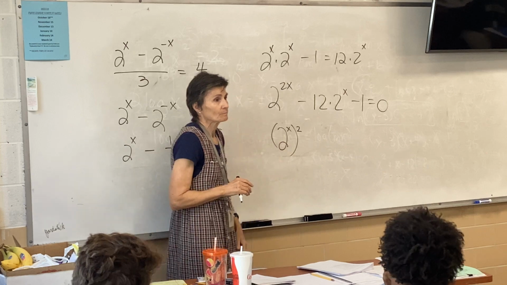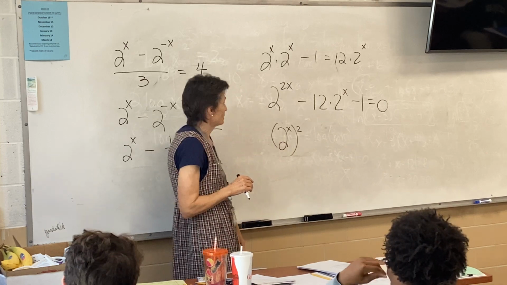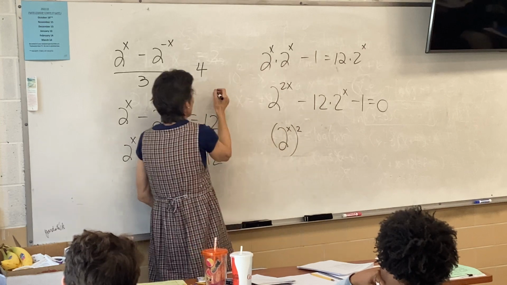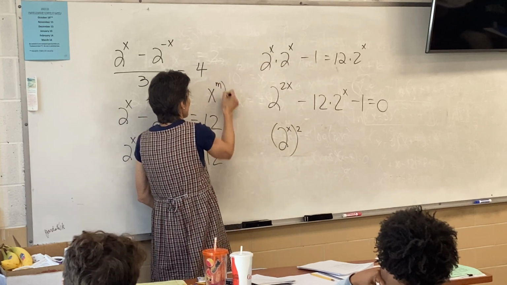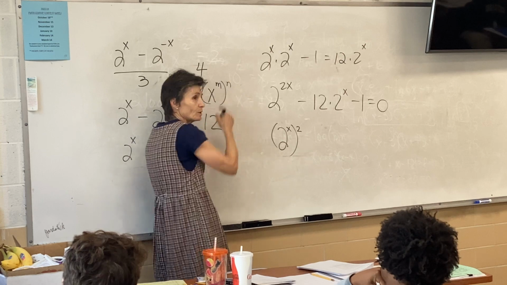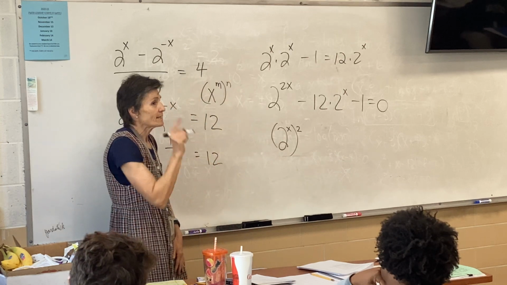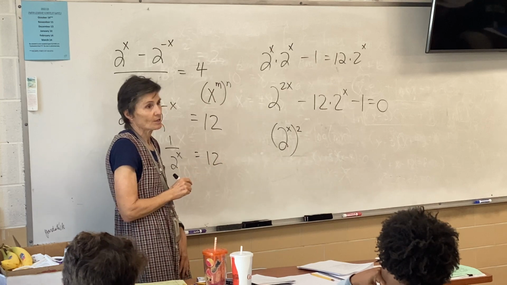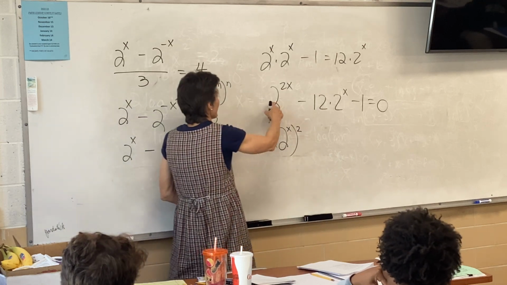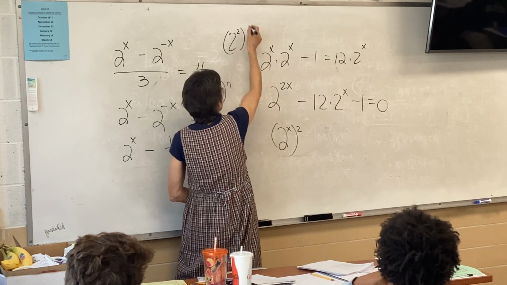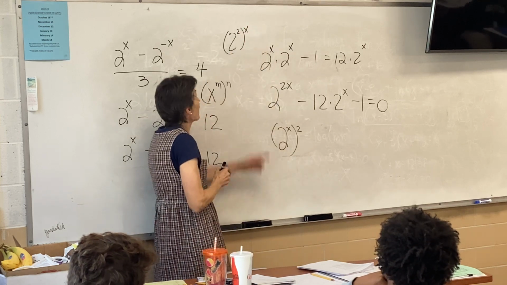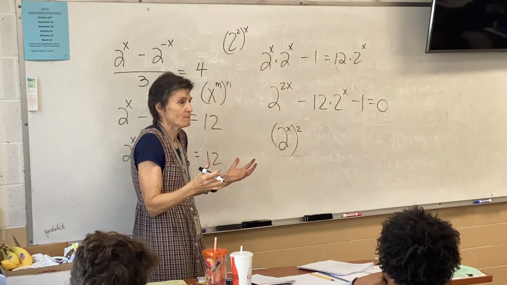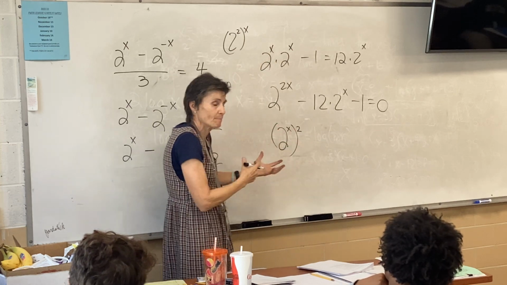Because wouldn't the 2 get distributed to the 2 inside the parentheses? No. When you have 2 exponents, when you have x to the m to the n, what do you do with those exponents? Multiply them. It does not change the base. The base doesn't change. Now, if you wanted to write this as 2 squared to the x, that would be 4 to the x, but that will not serve my purposes because I need everything to be the same.